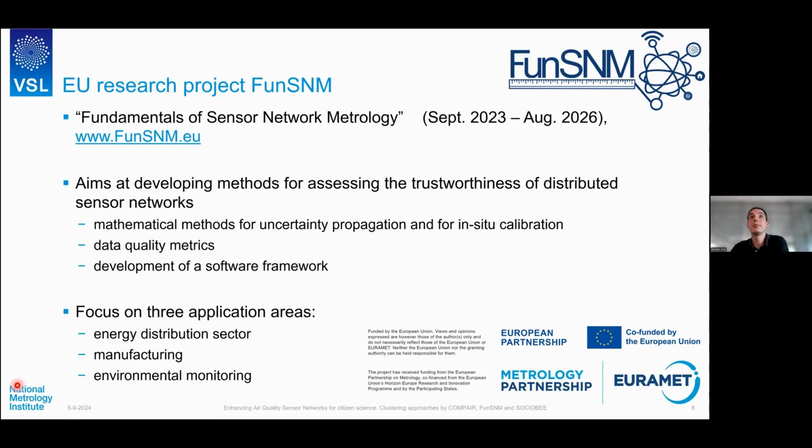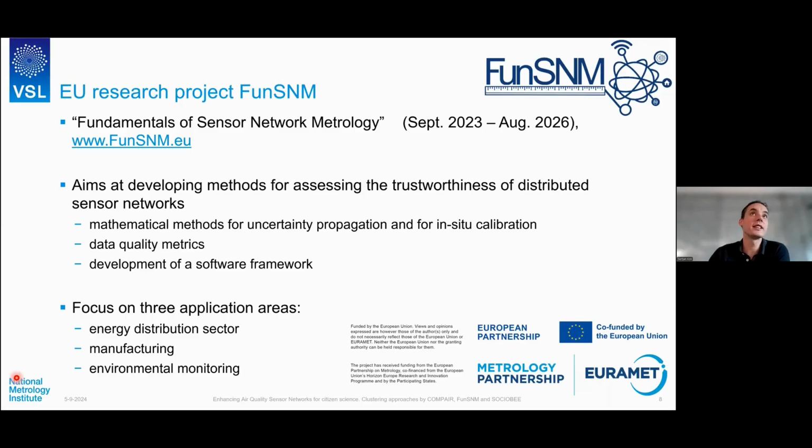And we aim to develop methods for assessing the trustworthiness of distributed sensor networks. So we're looking at mathematical methods for uncertainty propagation, for in situ calibration. There's work on data quality metrics. There's some development of a general software framework.